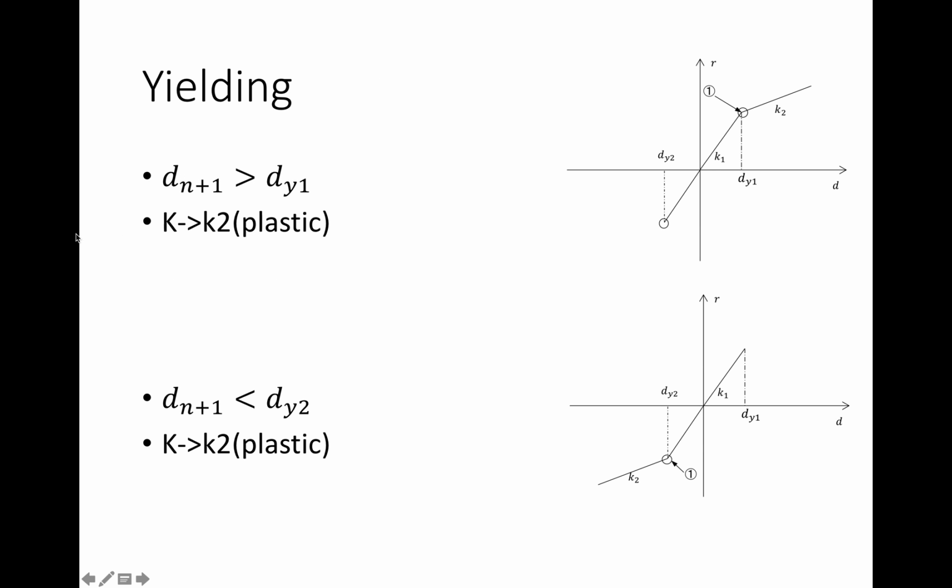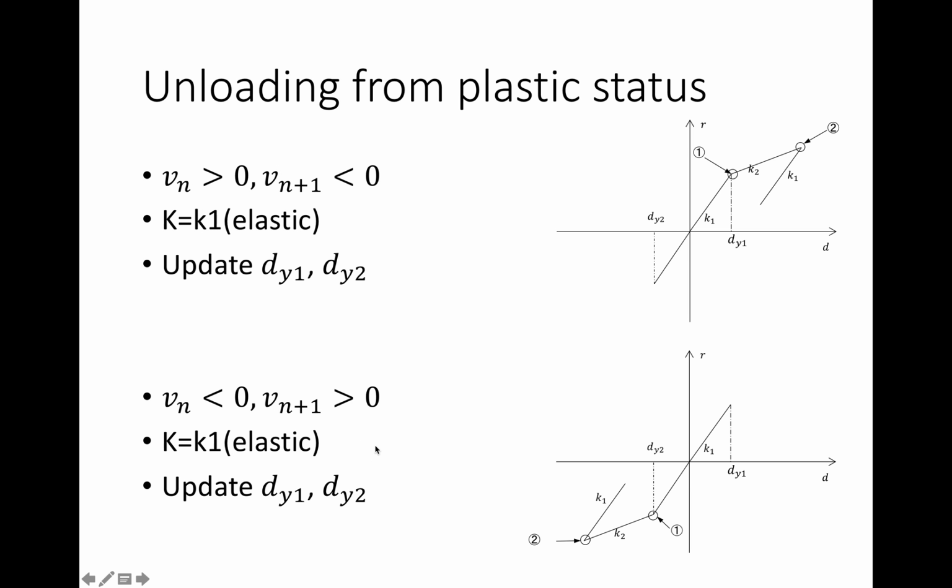However, once the displacement at step n plus 1 is over dy1 or under dy2, the stiffness will change to plastic over that. On the contrary, when loading in the plastic domain, once the loading direction changes from positive to negative, or from negative to positive, they will go back to the elastic domain using K1 like this.